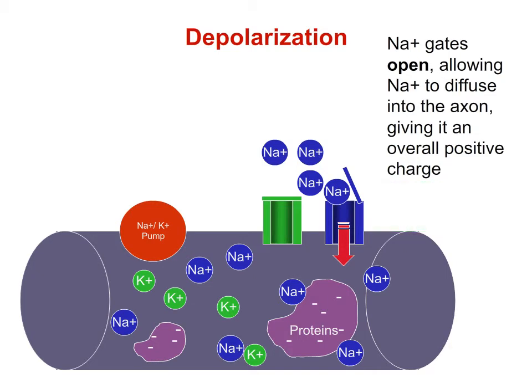And if we have enough of these open up, this allows a lot of sodium into the axon. And the sodium moves into the axon because of diffusion. It was a lot more abundant outside the axon and virtually non-existent inside the axon. So it very quickly moves through the membrane proteins and down its concentration gradient. And this temporarily changes the charge inside the axon from negative to positive.